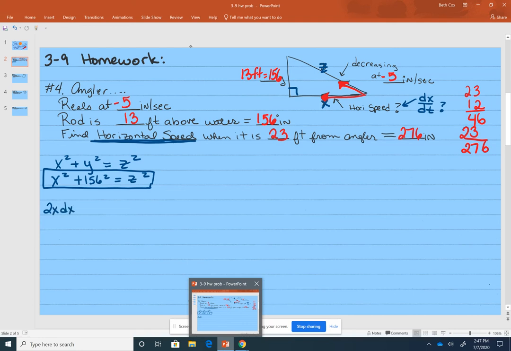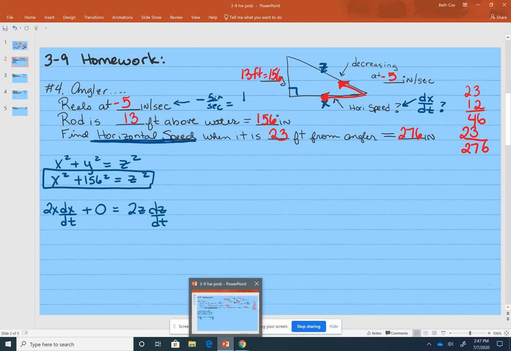2x dx/dt. Now remember, what's the derivative of a constant? 0. And then 2z dz/dt. Now what is dz/dt in this problem? This is the rate at which z is changing, and z is changing at a negative 5 inches per second.